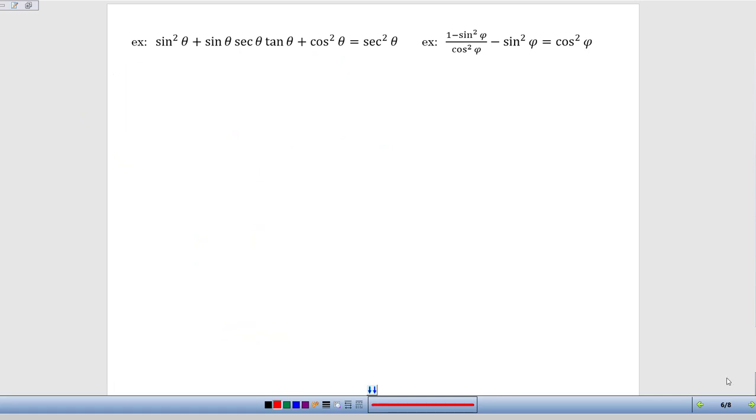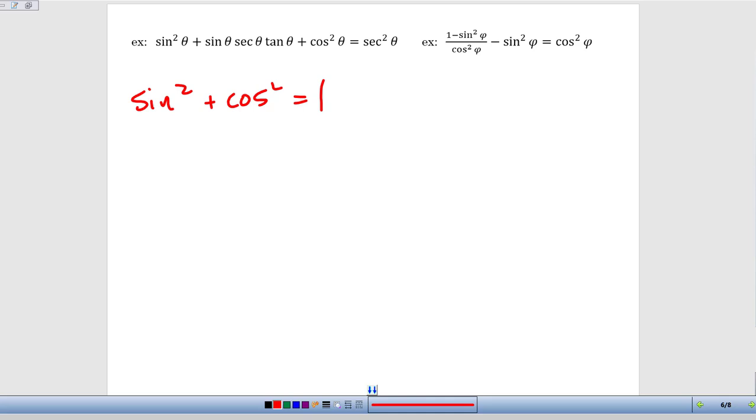So before we move on to this next example, we should talk about the versatility of the Pythagorean identities. So sine squared plus cosine squared equals 1, for example. So we used that in this previous one after we rearranged the original statement, and we grouped that sine squared plus cosine squared together and replaced it with a 1.